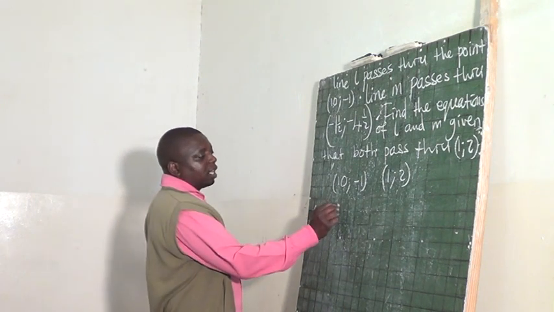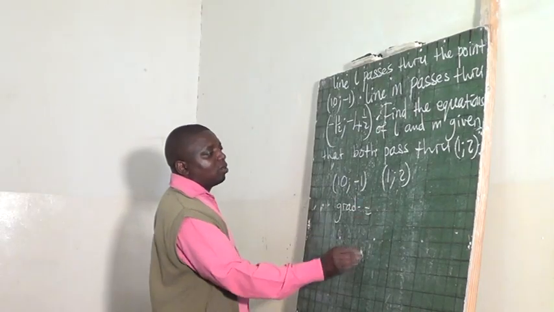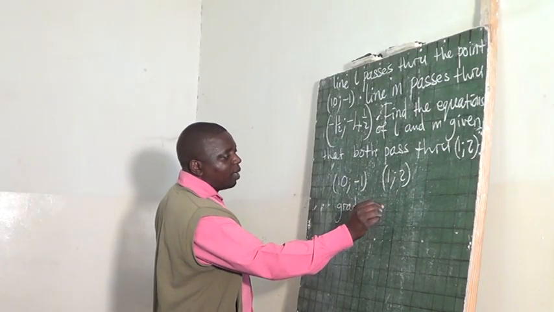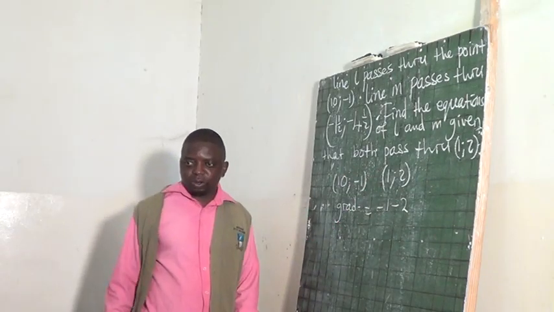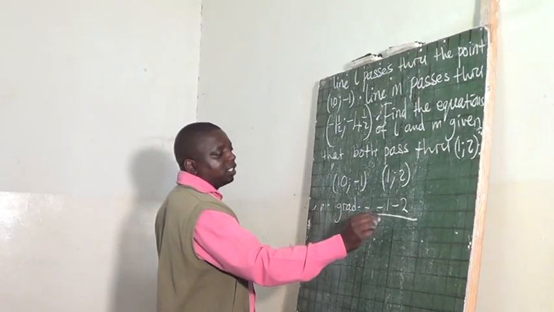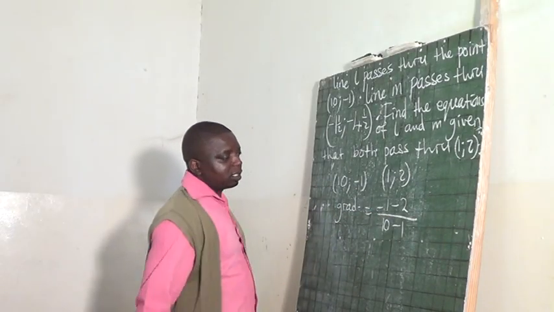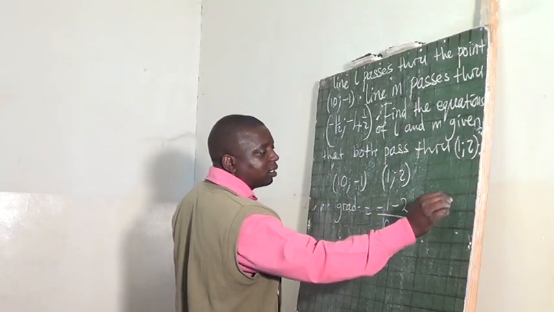So the gradient is equal to minus 1 minus 2, the difference in y coordinates, over the difference in x coordinates, that's 10 minus 1. Which is equal to minus 1 minus 2 gives what?